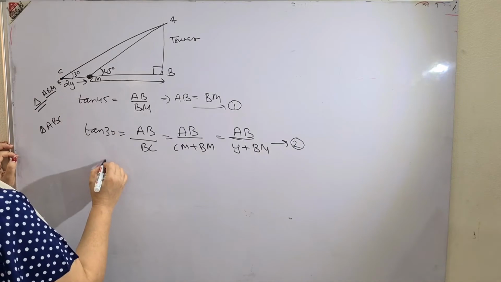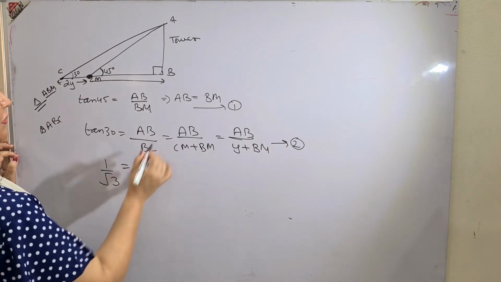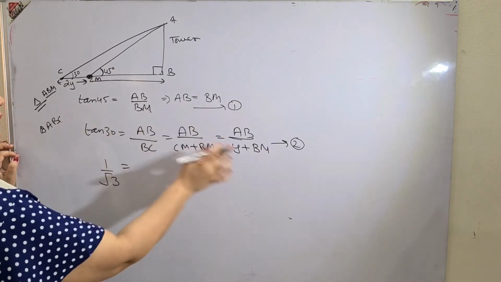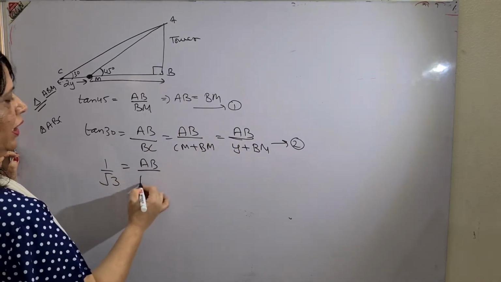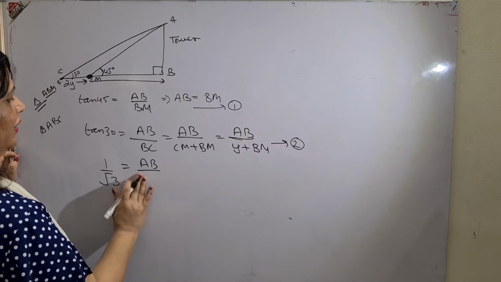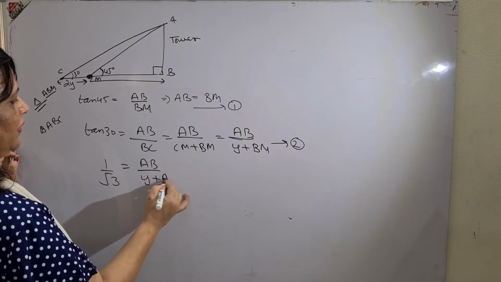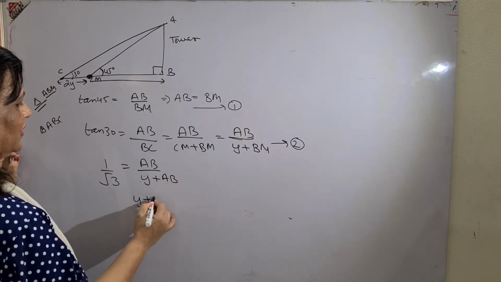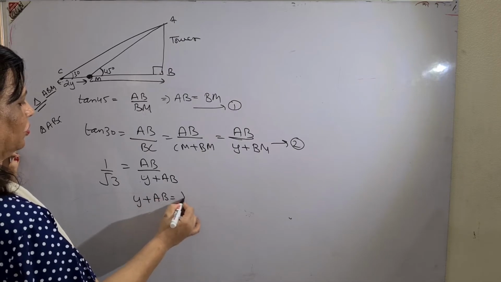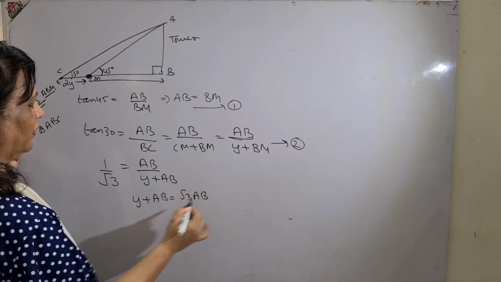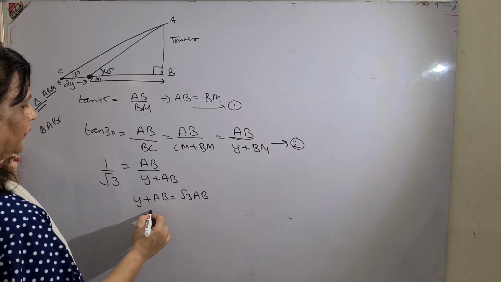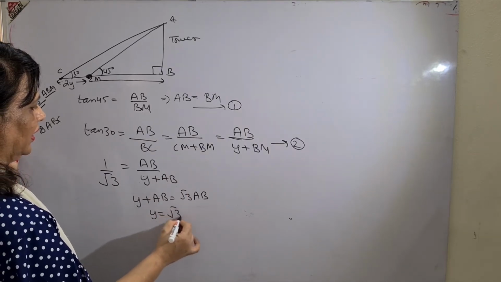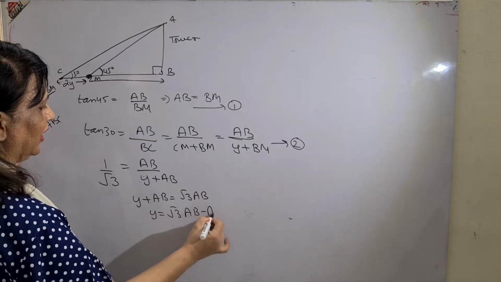Tangent 30 is 1 by root 3. Please substitute the value of AB in the second equation. AB over y plus AB. Cross multiply, y plus AB is equal to root 3 AB. Or you can take AB to the other side, y is equal to root 3 AB minus AB.